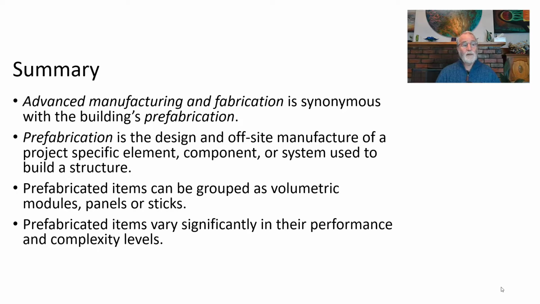Oftentimes, it's a major component of a structure which is then brought in. Prefabricated items can be grouped as either volumetric modules, panels, or sticks. And prefabricated items can vary significantly in their performance and their complexity levels. So they can satisfy many performance requirements or just a few, or they can be reasonably simply shaped, or they can be highly complex ones.